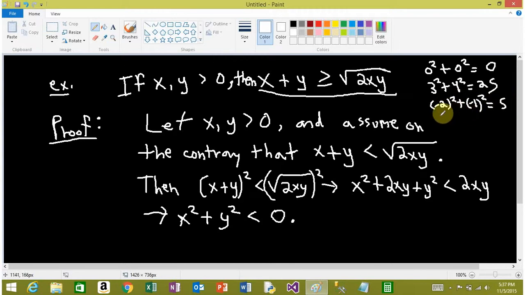And then if one of them is positive and let's say the other is negative, or vice versa, you can see that that's going to be also positive as well. 36 plus 49 is 85. So that's also going to be positive. So you can see this will never be negative.